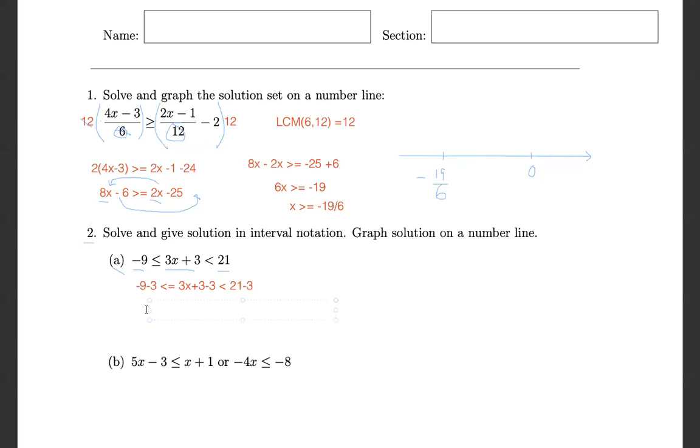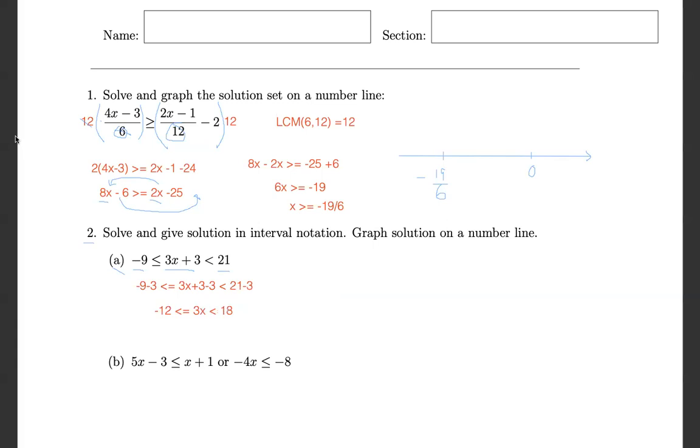Now I simplify. -9 minus 3 is -12, less than or equal to 3x, because the positive 3 minus 3 becomes 0. That's my goal; that's exactly why I subtract 3, because I want to get rid of this 3 in the middle. Then I want to get rid of the 3 multiplied by x, so dividing by 3 is the next step. 21 minus 3 is positive 18.